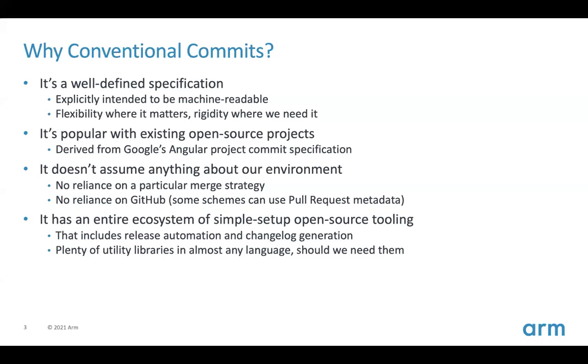So some strategies rely on Git merge strategies, others rely on Git rebase strategies. Some of them, also actually quite the popular ones, rely on GitHub pull requests or a system like GitHub pull requests, where you have a change description on the pull request itself. For us, using Gerrit predominantly to merge things into upstream, that information just isn't available to us as much as I'd like it to be.